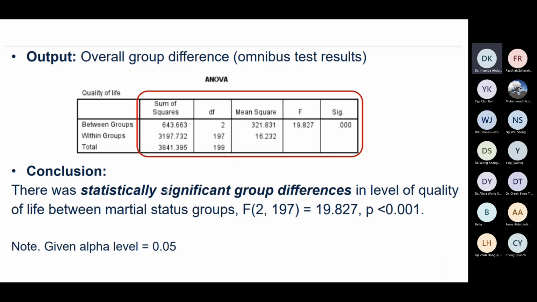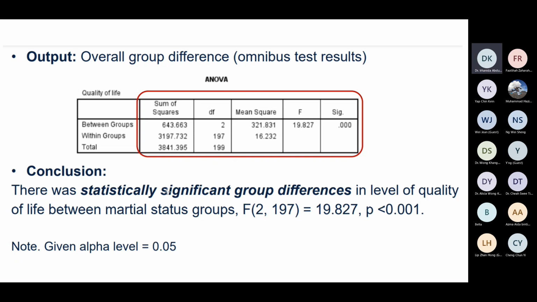As a conclusion, there was a statistically significant group difference in level of quality of life between marital status groups, where our F value here is 21.97, and our p value here is lesser than .001.